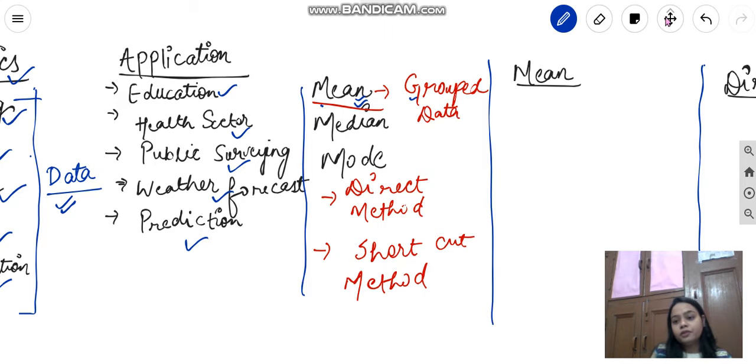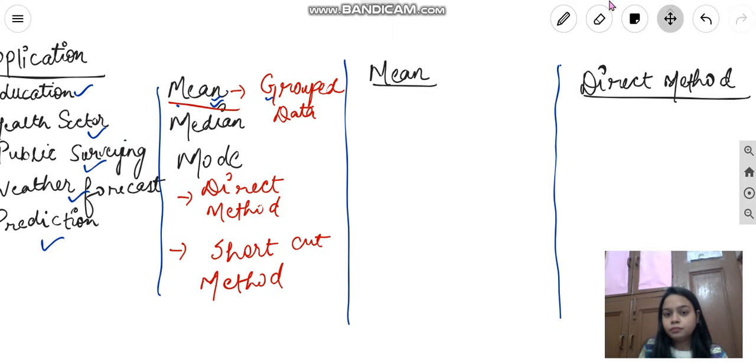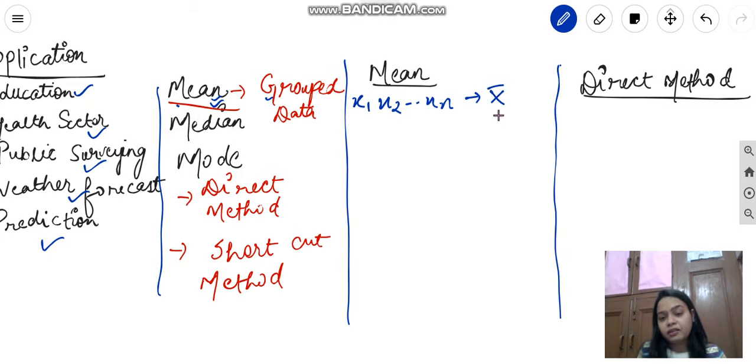So let's see first what we know about the mean. Suppose we have x1, x2 up to xn. These are the n values of a variable x. Then the arithmetic mean, or simply the mean, of this variable is represented as x bar, and it is calculated as x bar equals x1 plus x2 up to xn divided by n.